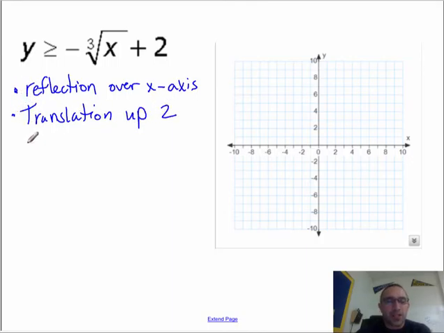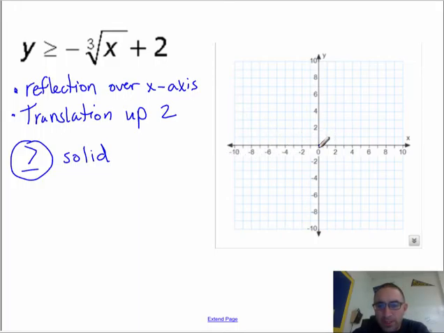Okay. And then I'm going to shade, solid line. So for this one, the cube root, I'm going to take the original and I'm going to perform the reflection and then move it up 2.